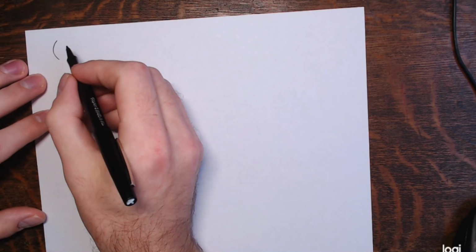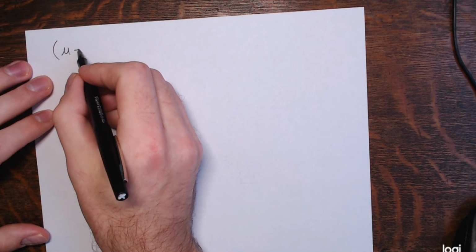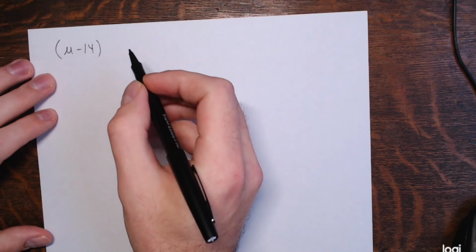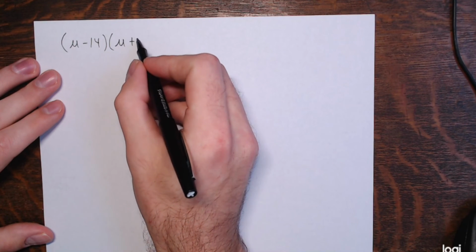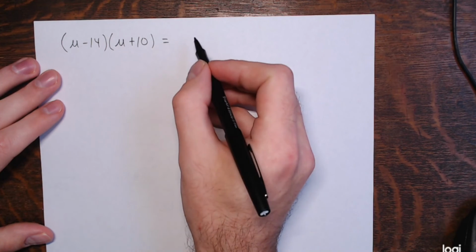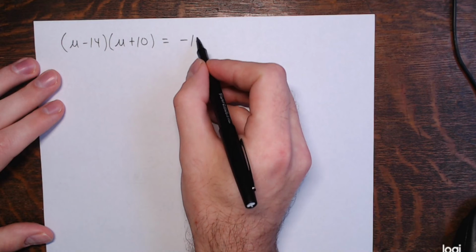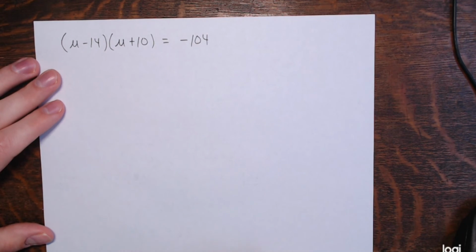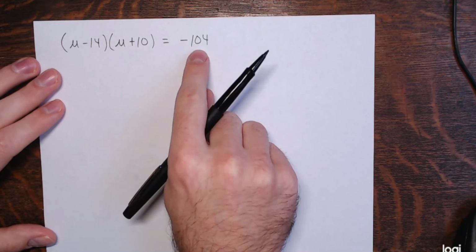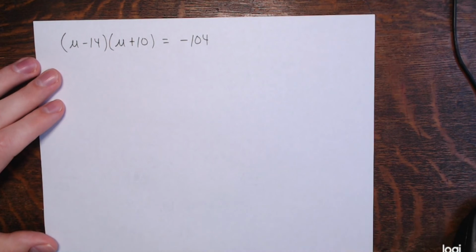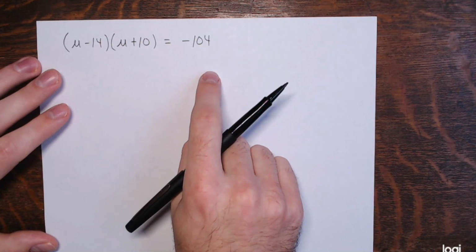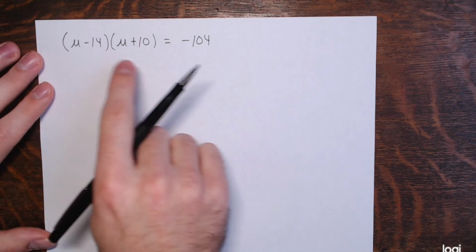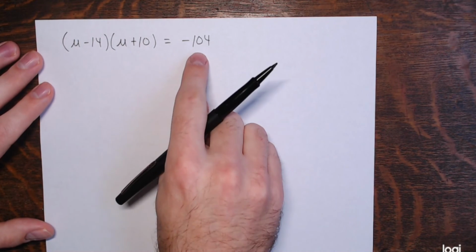So we have u minus 14 times u plus 10 equals negative 104. Now notice this is a product equal to negative 104, not a product equal to 0. You cannot use the zero product property here and split them up. It's not 0 on the other side.